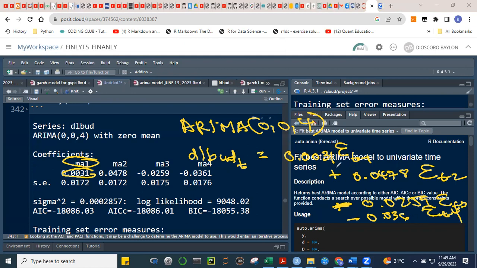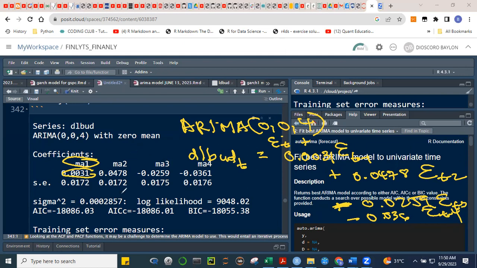And at the start, you have epsilon sub t, plus. So you should always have the residual, the error at the current period. So this is our model, class. It's an MA model, MA4, so 4 components of your predictors, in this case your error terms, right? And then plus the error at time t, which is epsilon sub t.